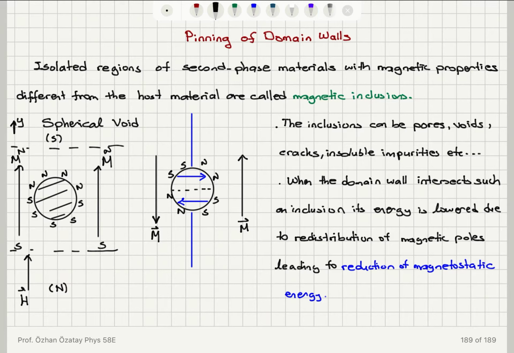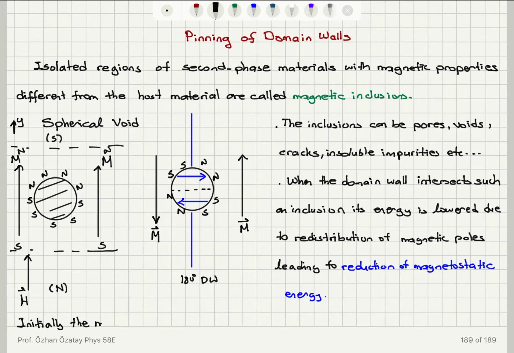So the magnetization will be pointing down on the left side and up on the right side. So this is a 180-degree domain wall. And now you can see that I have sort of a closure forming in the middle because I have the redistribution of domains.